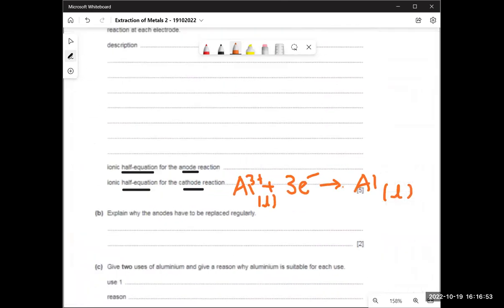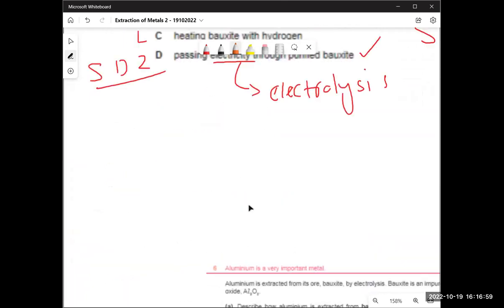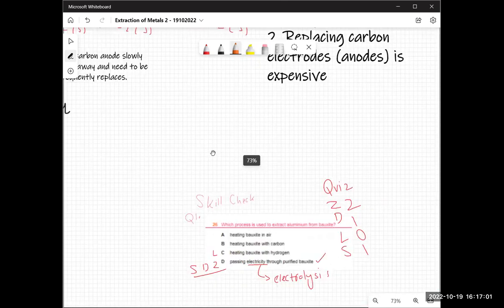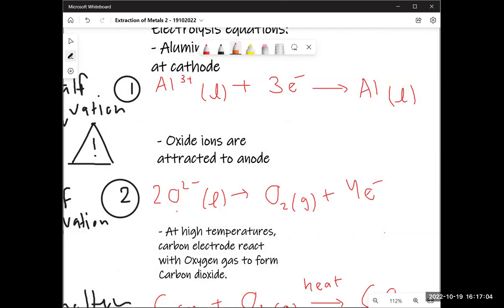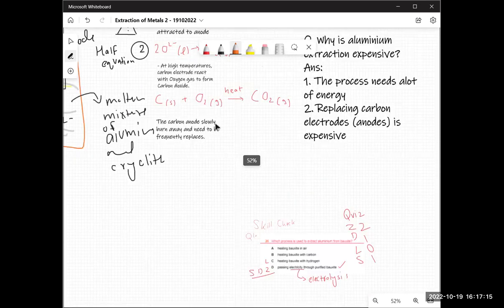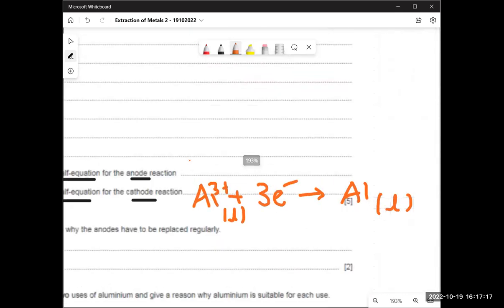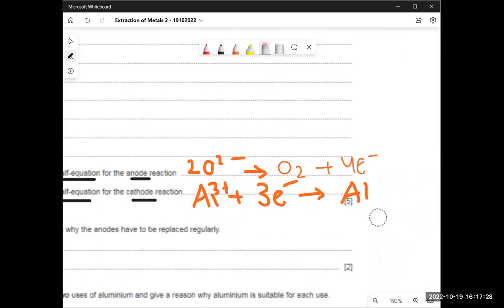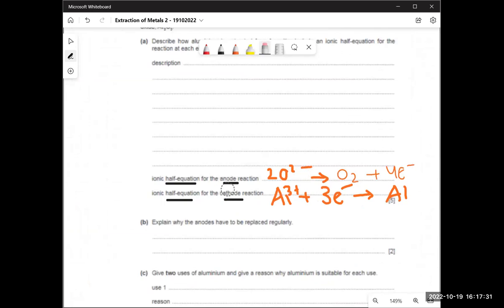Any questions? No, sir. Now the half equation at the anode. Safari? 2O2- gives O2 plus 4 electrons. So we get 2O2- gives us O2 plus 4e-. Any questions? We're just writing that here, anode and cathode.